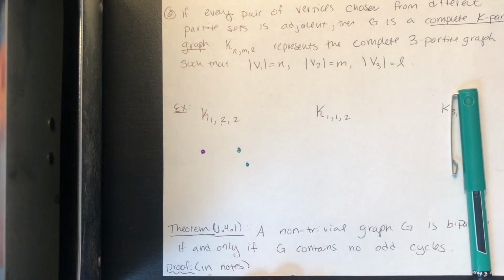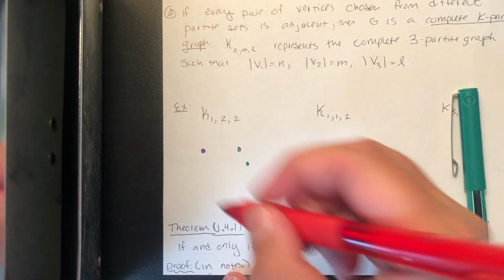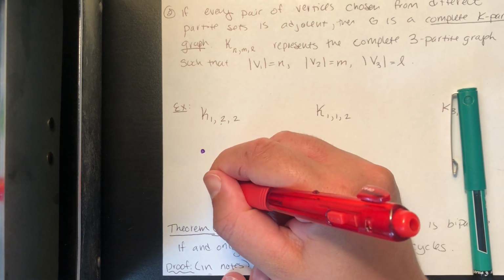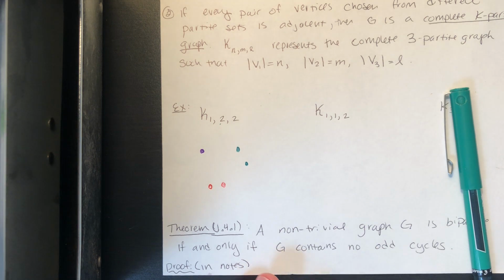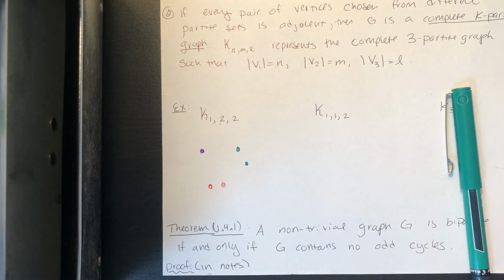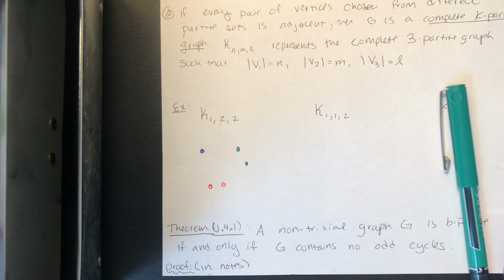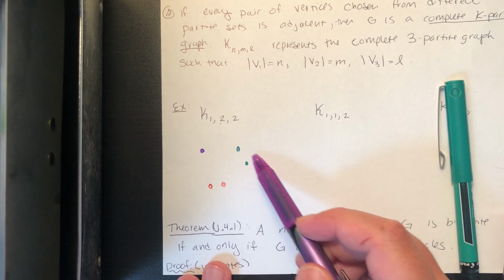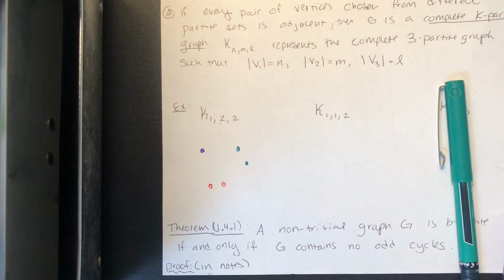And then we have two vertices in our third partite set. And the complete part is just saying you have every possible edge connecting two vertices of different colors. So no red to red vertices, no green to green vertices, but every other pair needs to be connected.